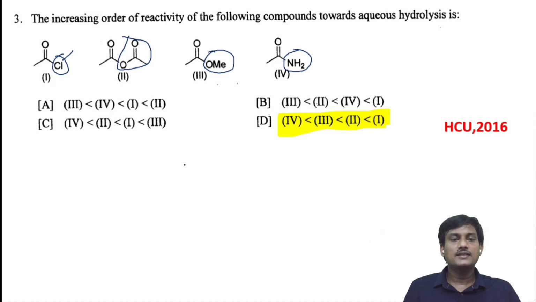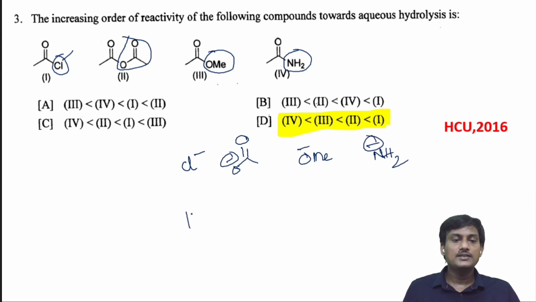Let's take these leaving groups: Cl minus, and RCOO minus, and this one is OMe minus, and this one is NH2 minus. Let's take the conjugate acids of these groups: HCl, and this one is RCOOH, a carboxylic acid, and this one is an alcohol, ROH, and this one is ammonia.